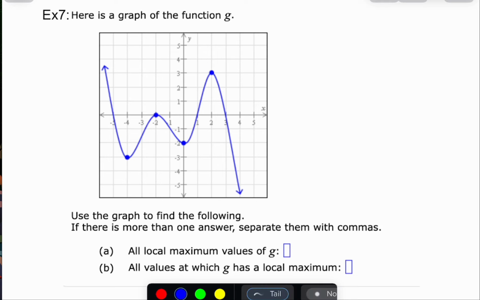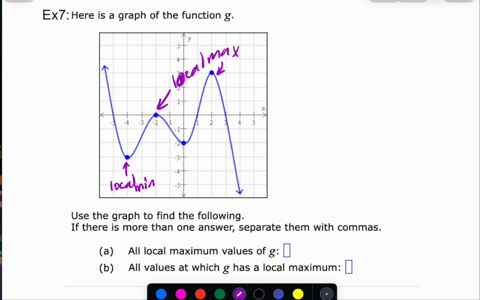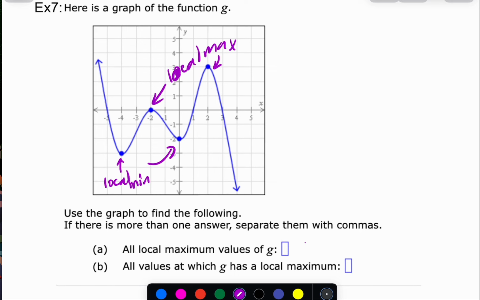I think maybe these want the x's and those want the y's. I don't know. But this is a local min. That's a local max. Hilltop. That's a local max. That's a local min. So the local maximums are when x equals -2 and x equals +2.